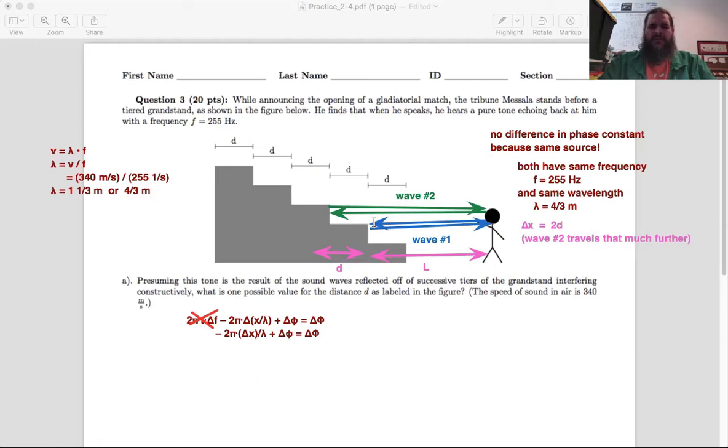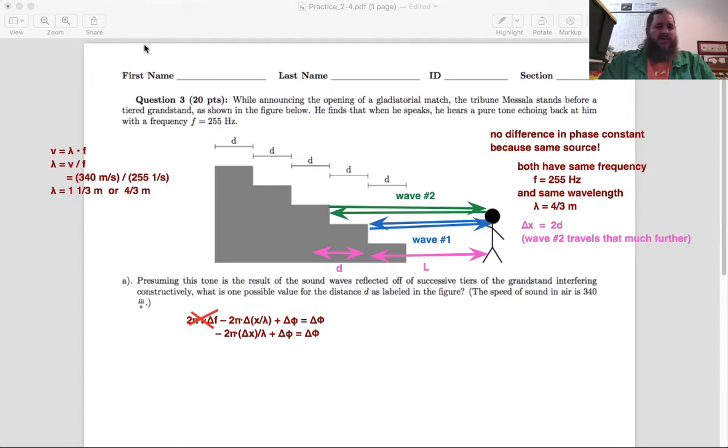Or if they were bouncing off of very different things. If one of them is bouncing off something that's harder than the medium it's coming from, and the other is bouncing off something softer, then you could get a phase difference. But in this case, they're both bouncing off of these presumably stone stairs. So if they are changing, they're both changing in the same way. And so there's no difference in their phases.